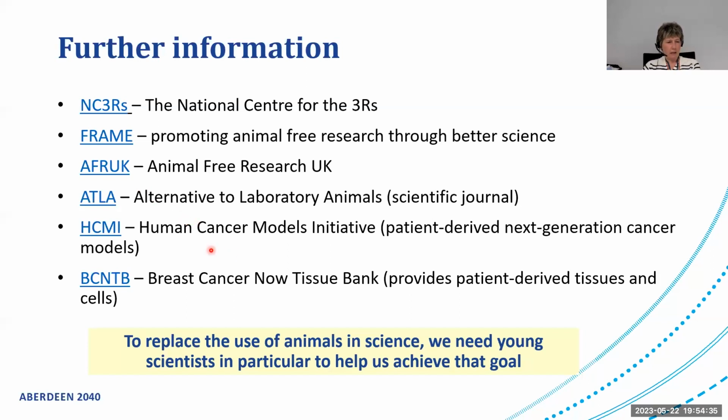In the US, there is the Human Cancer Models Initiative, HCMI, which is looking to develop patient-derived next-generation cancer models. And if you're looking for tissues, then this is one of the biobanks that you might consider using.